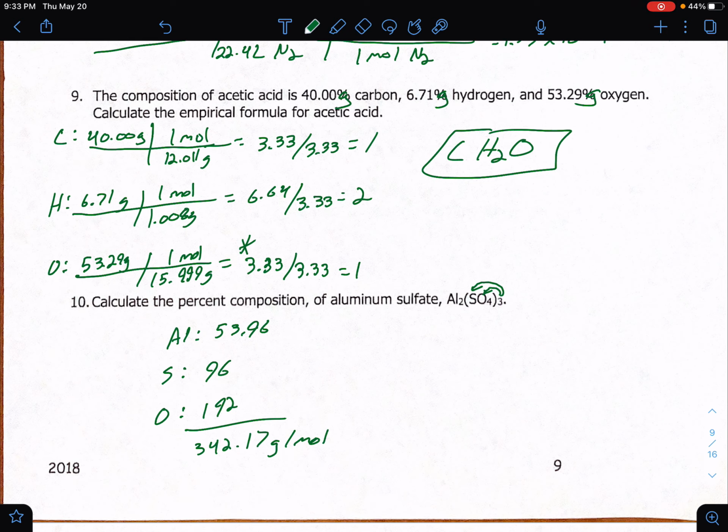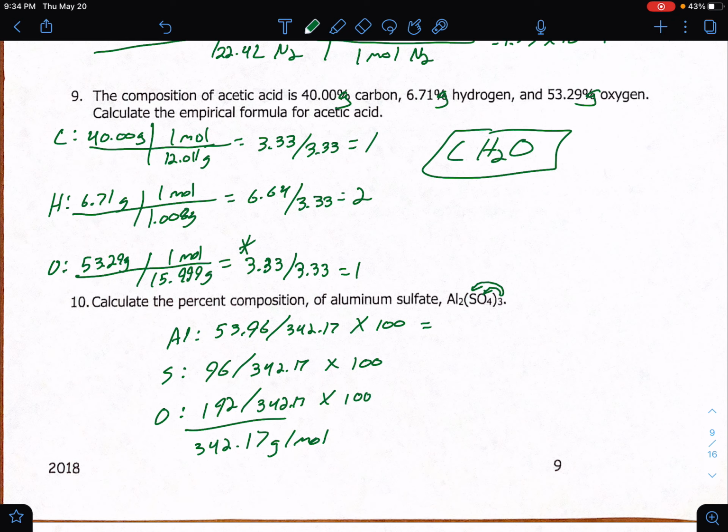So I have my individuals now, and I have my totals. So what I'm going to do is divide everything by my total. So divide by 342.17. I'm going to do that to all of them. And I'm going to multiply by 100 to make sure that it's in percent mode.